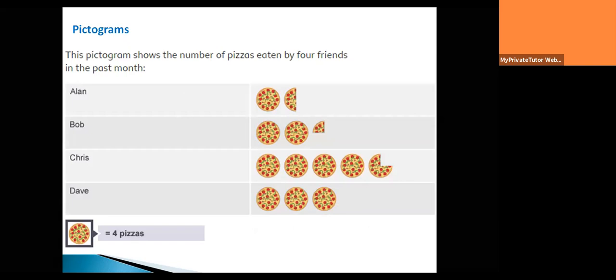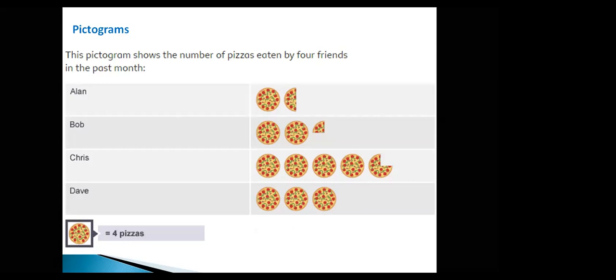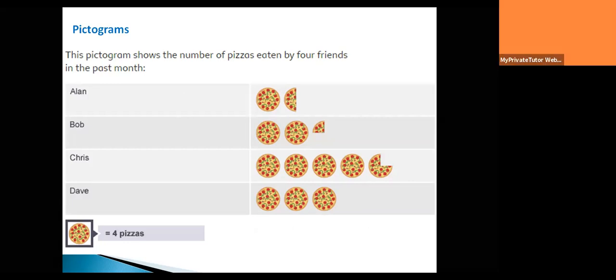It shows how to represent a large amount of data in a simple way. Here, one pizza is equal to 4 pizzas. This is assumed by the people. It's not really a pizza. You just need to assume that one complete circle is nothing but 4 pizzas.